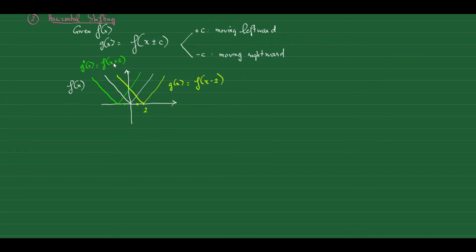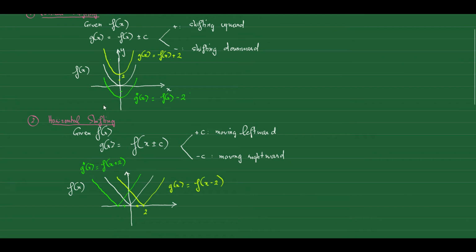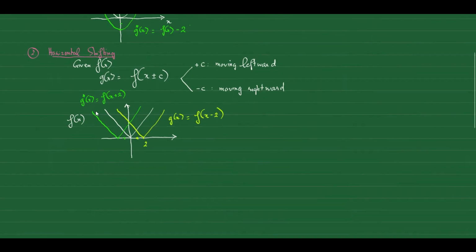It's inside, and this is outside. And you can apply this transformation to all different types of functions, not just the basic one. You can get a very complicated one from a complicated one by applying the transformation too.